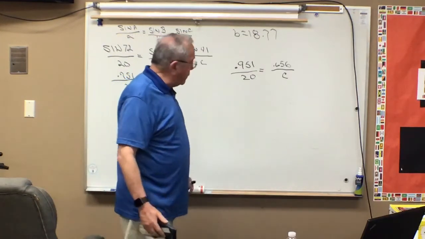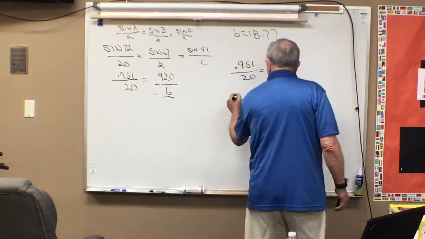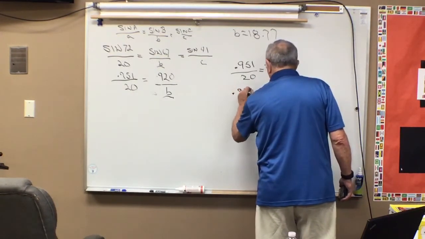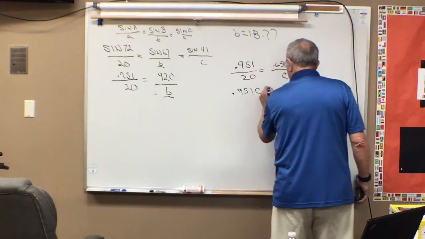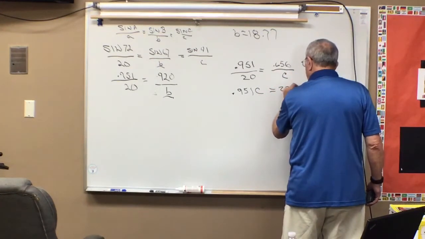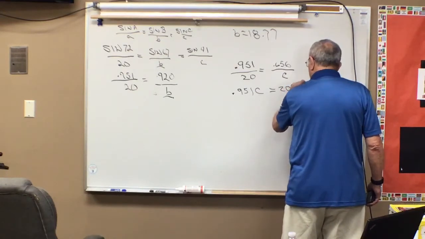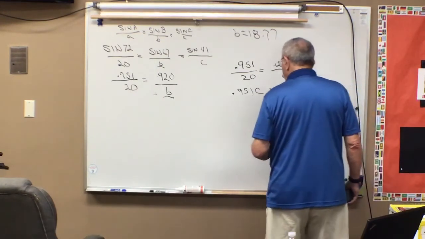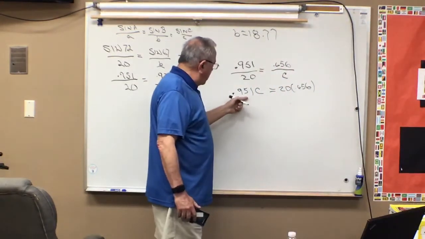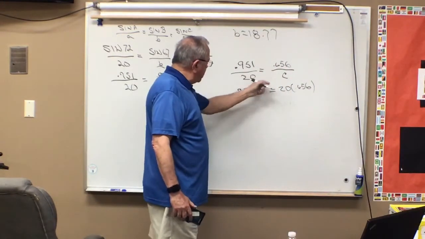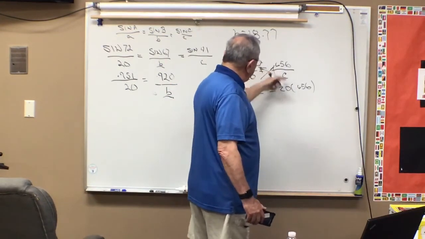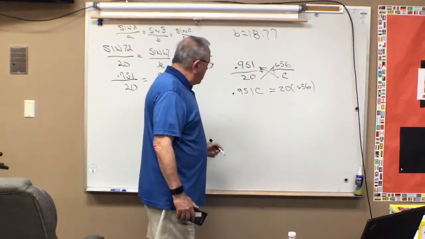So now we just have to cross multiply, and we're going to get the same thing. 0.951C equals 20 times 0.656, doesn't it? All right? So there you go. So 0.951 times C equals 20 times 0.656.